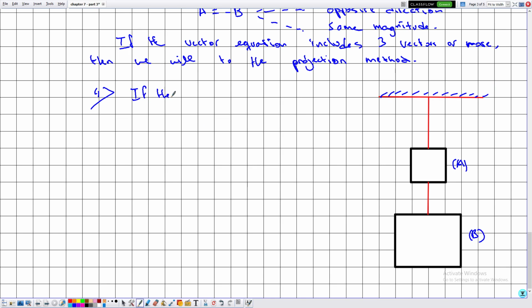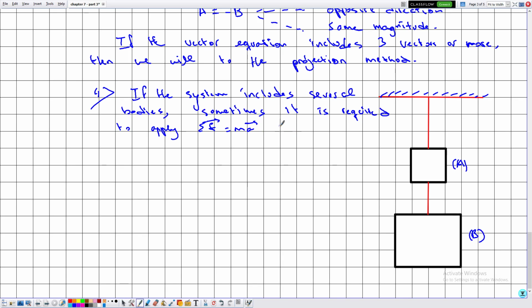If the system includes several bodies, sometimes it is required to apply the sum of forces is equal to MA for several bodies. So we can apply it for A, and we can apply the sum of forces is equal to MA also for B.